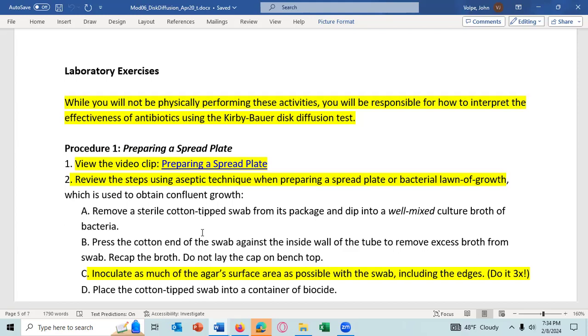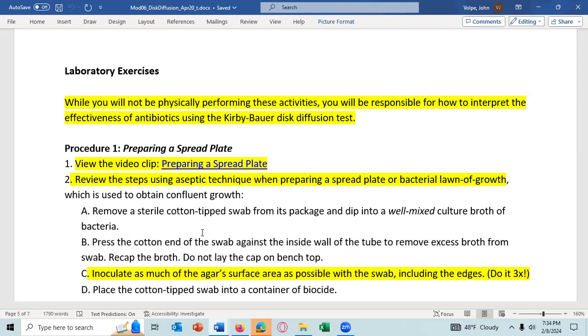And then you rotate the plate a quarter of a turn, and you re-swab the plate everywhere. And then when you're done with that, you rotate the plate one more time a quarter of a turn, and you swab the plate everywhere.